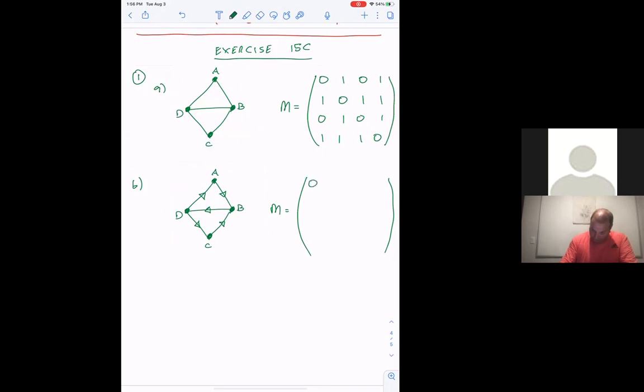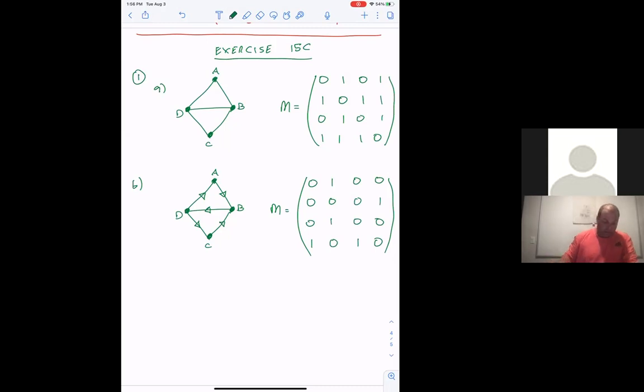So A does not go to itself, it goes to B, does not go to C, does not go to D. B only goes to D. C only goes to B. And D goes to A and to C, but not to B or itself. 1, 2, 3, 4, 5.